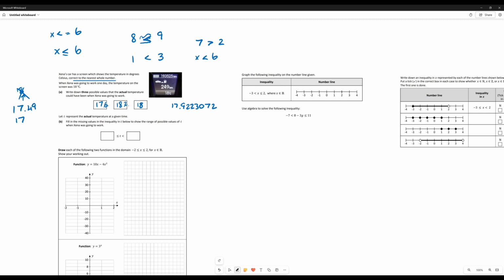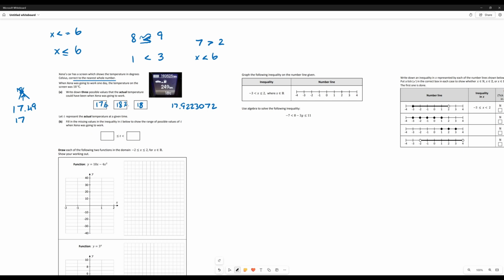So for example, once it goes into 17.49, it does not make sense. So where is the cutoff point before it won't round to 18, before it starts rounding to 17 or 19 instead? So we're going to look at it in two ways. We're going to look at the left hand side, and then we're going to look at the right hand side afterwards.